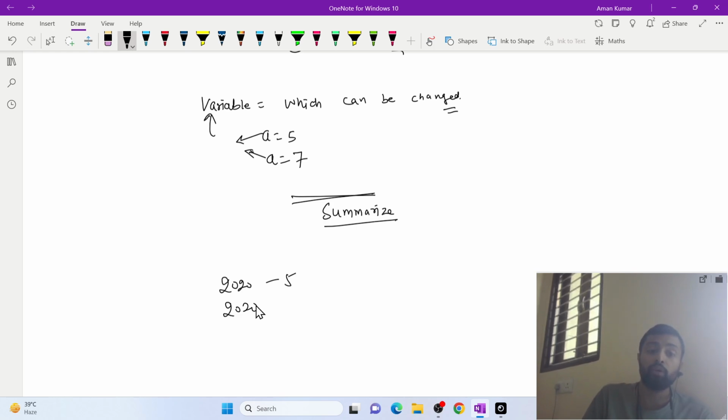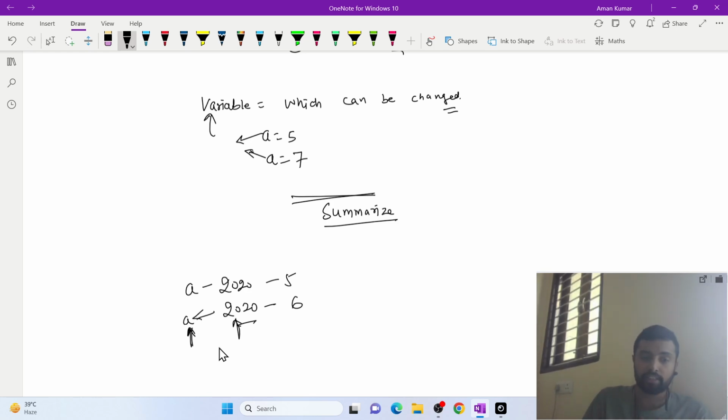Let's say now you want to store 6 at this memory location, you can change it by using the alias of this memory location. We are referring to a, or it can also be b. Getting my point? Whenever we write a, internally we are referring to some memory location. Whenever you are using a, indirectly you are referring to a memory location.